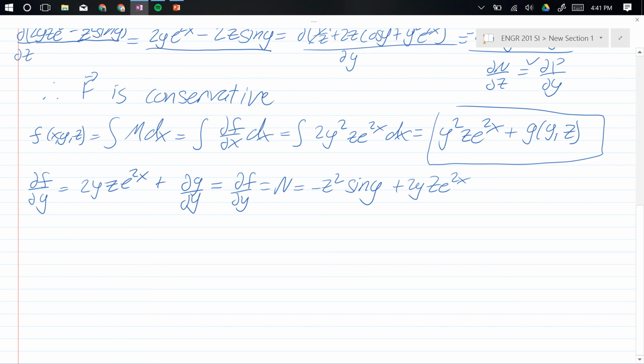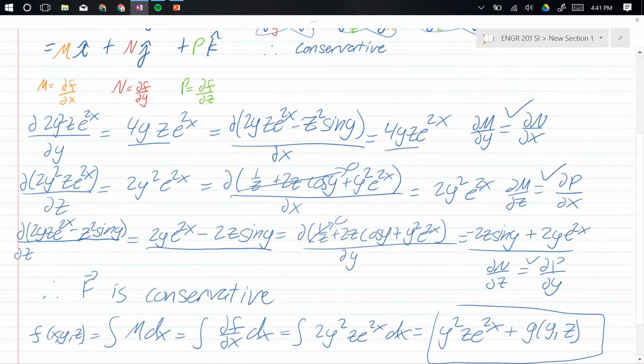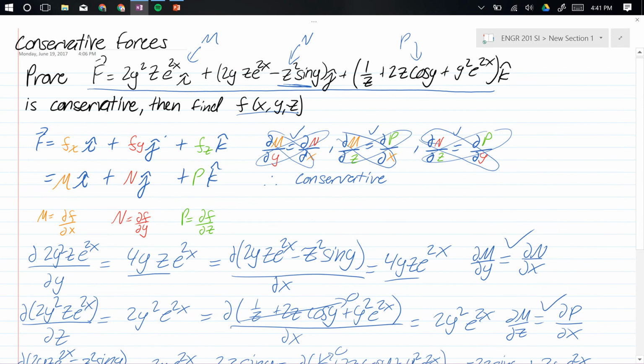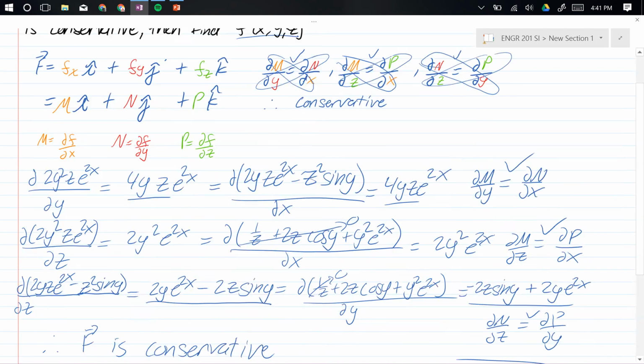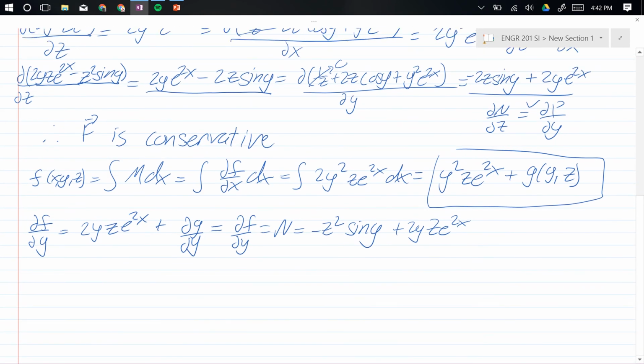Since it said it equaled this to the n component here, we can see what's left over as a function of, that is like the partial g, partial y. So we can see what was lost when we did the partial of x, where we didn't lose when we did the partial of y.